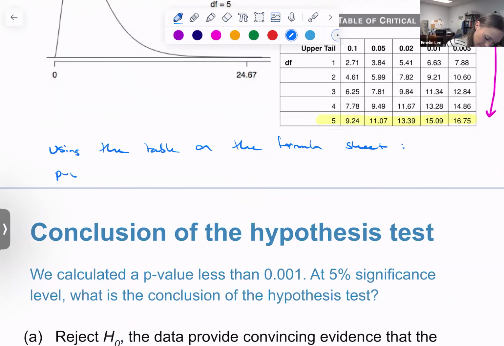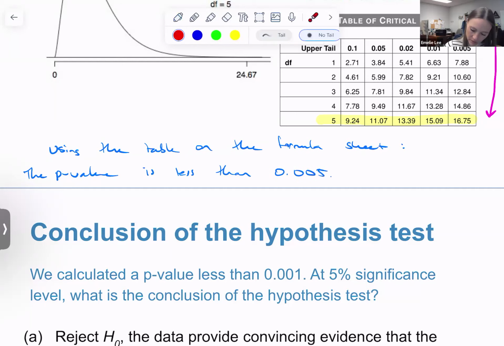the p-value, I'll say the p-value is less than 0.005, right? Or you could say between 0 and 0.005.